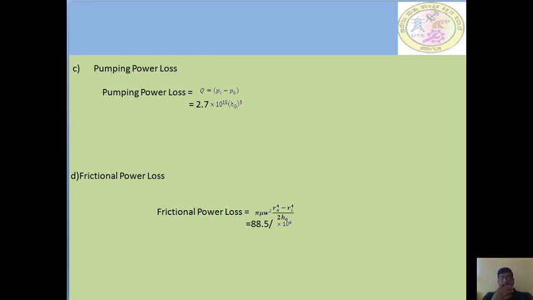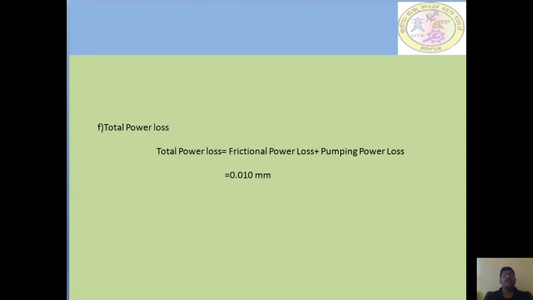And the frictional power loss equals pi into mu, angular velocity square, into r naught to the power of 4 minus ri to the power of 4, divided by 2 s naught. After substituting the values, we will get 88.5 s naught cube into 10 raised to 6. Then adding the frictional power loss and the pumping power loss, we will get the total power loss. Differentiate with respect to S naught cube, and we will get the minimum oil film thickness as 0.010 mm.